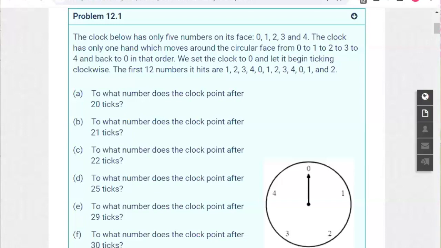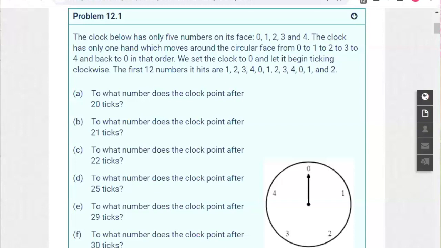So this clock is going around and around and around, right? 1, right? So every time when it hits 17, it's going to hit 2. When it hits 18, what's it going to hit? The 3. When it hits the 19th tick, what's that going to hit? 4.